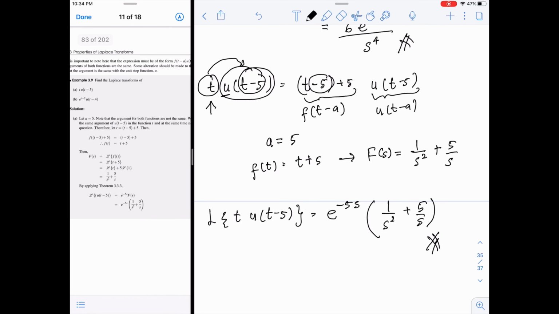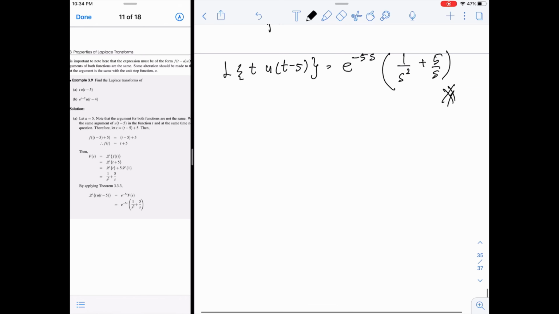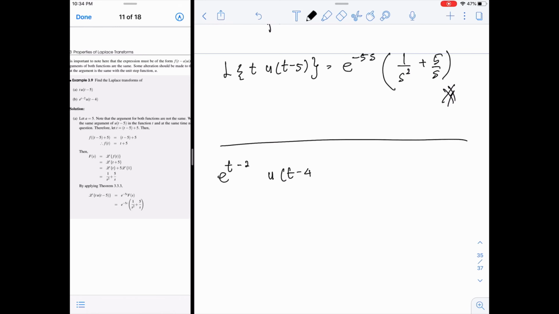Alright, so now let's proceed to another example. Let's say you have exponent t minus 2, and then you have u of t minus 4. Look at here, this is your t minus a. So you need to make sure that your function here is also in terms of t minus a.